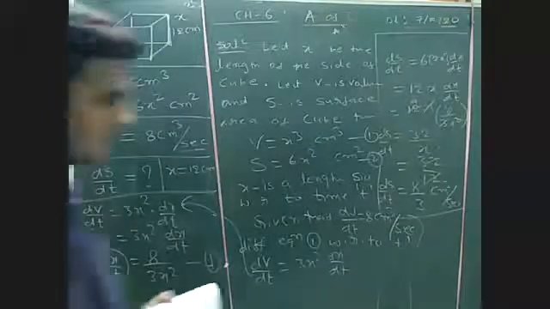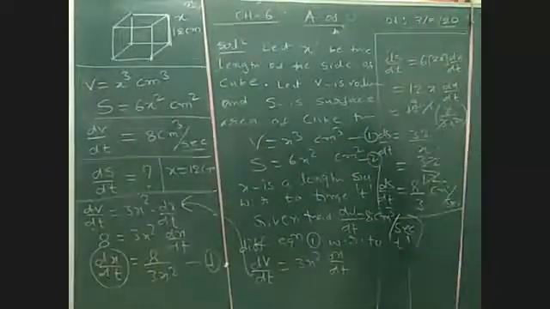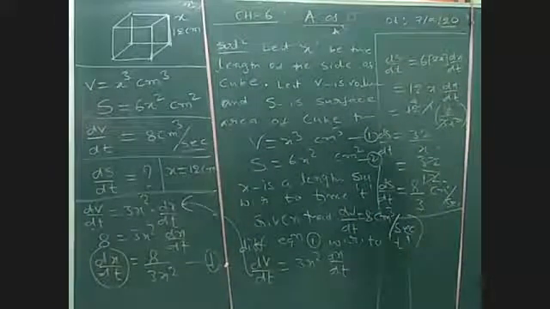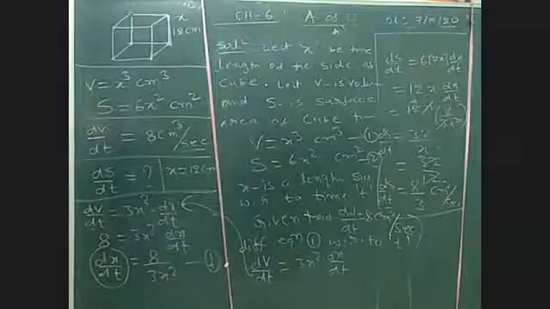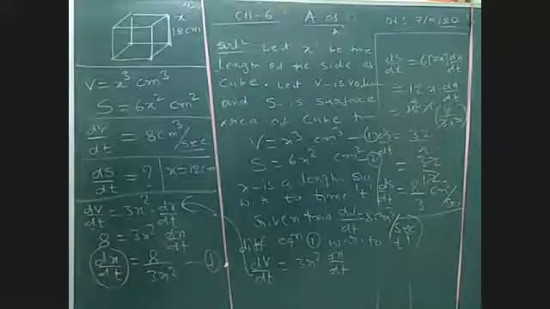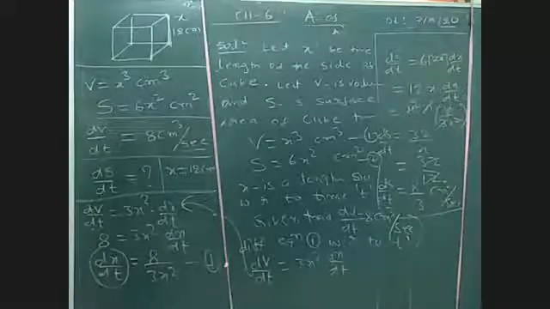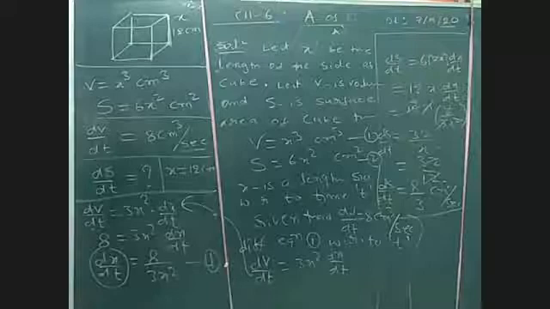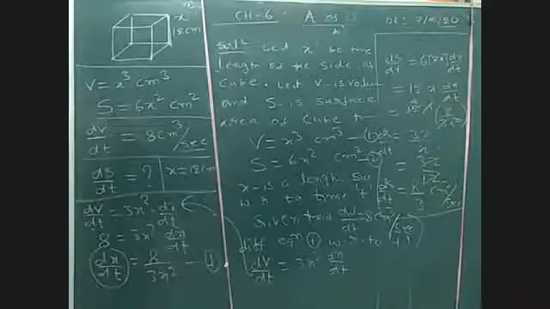Let's all of you observe question number 3, those who finished this. Question number 3 is again easy. The radius of a circle is increasing uniformly at the rate of 3 centimeters per second.